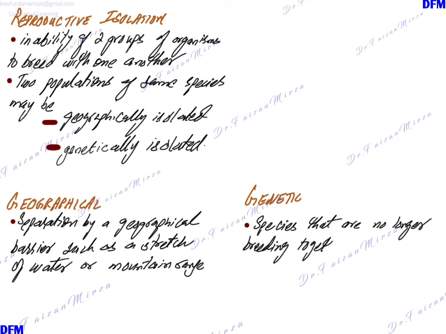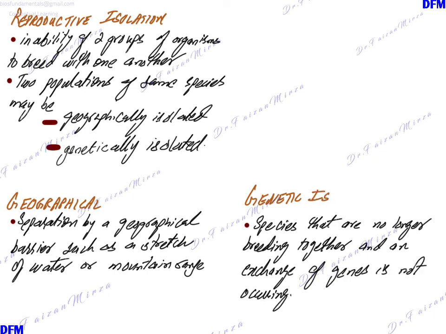Whereas genetic isolation refers to species that are no longer breeding together, and exchange of genes is just not occurring. So that's the basic difference: there is no gene flow in genetic isolation. In geographic isolation, there is no gene flow because of the geographical barrier at the base.